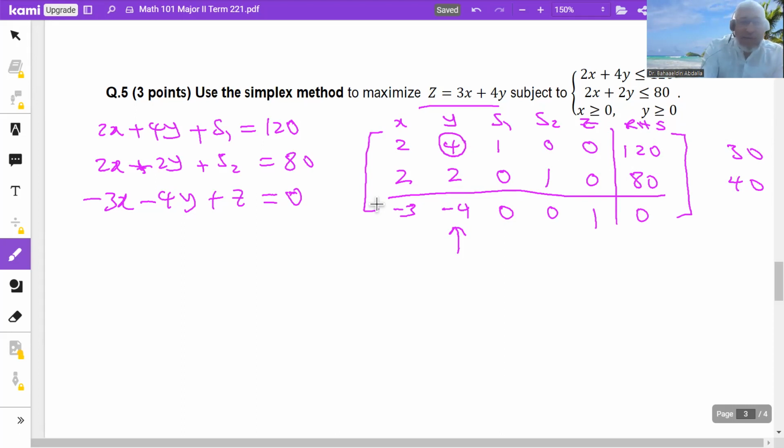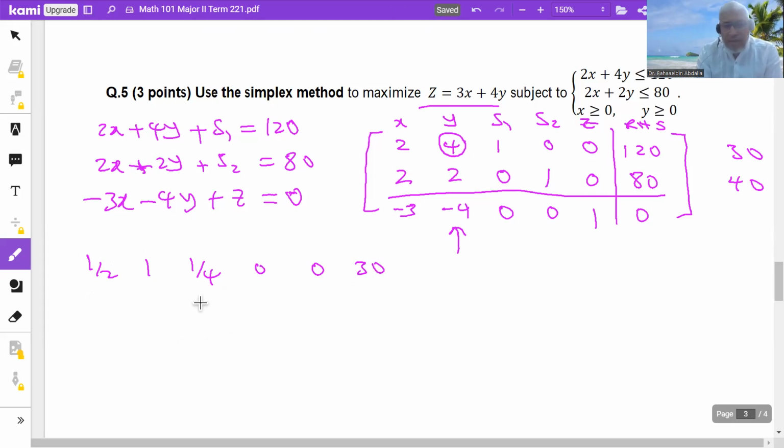Once I determine the pivot element, this number has to be 1, and all the numbers below have to be 0. So to do that, I first divide the first row by 4. So I will have 2 divided by 4, that's half. 4 divided by 4 is 1. 1 divided by 4 is one quarter, 0, 0. 120 divided by 4 is 30.